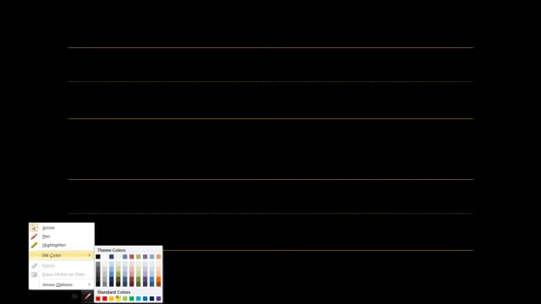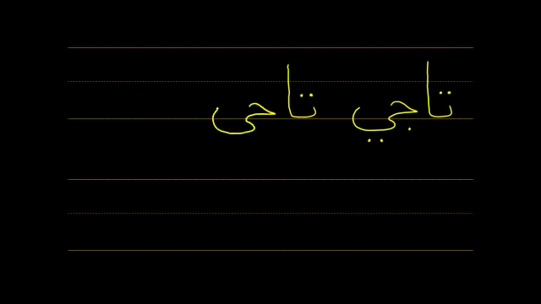I'm going to change my color again to yellow. Let's write this together here. So we have here taji, again meaning my crown, taji, my crown.